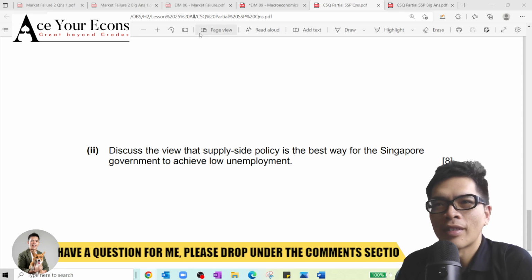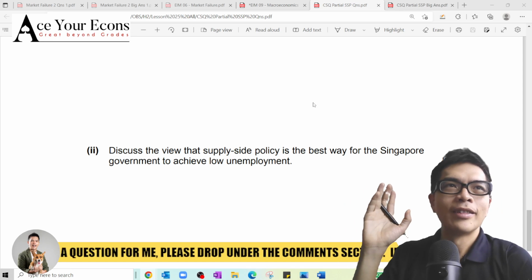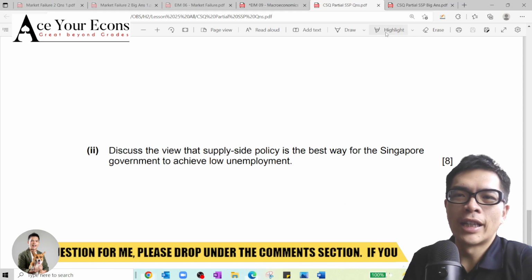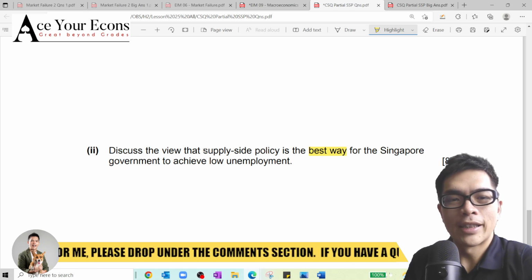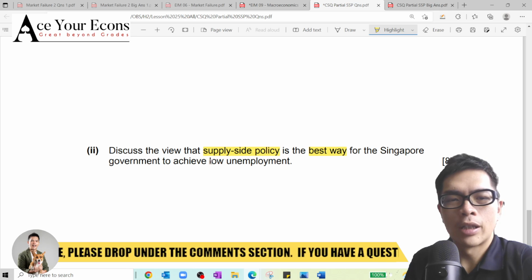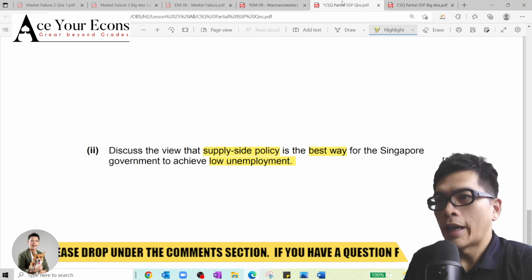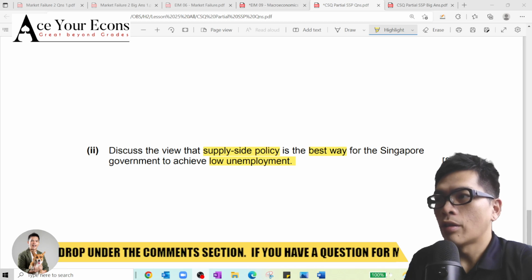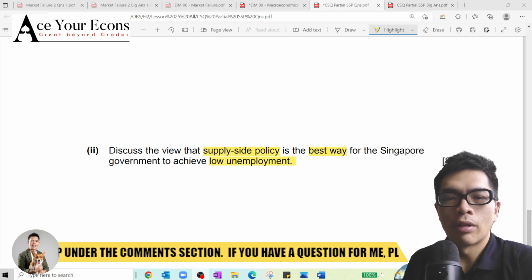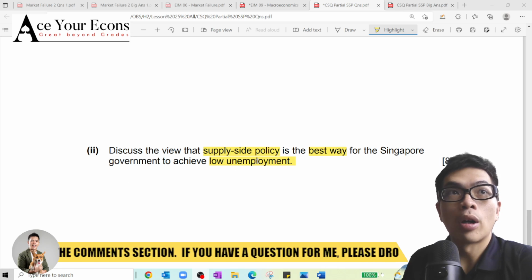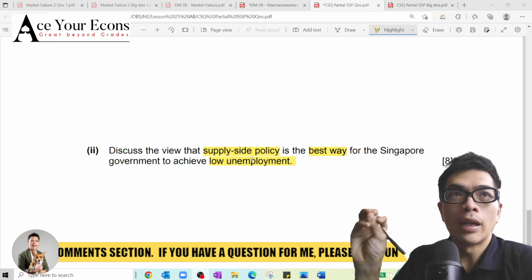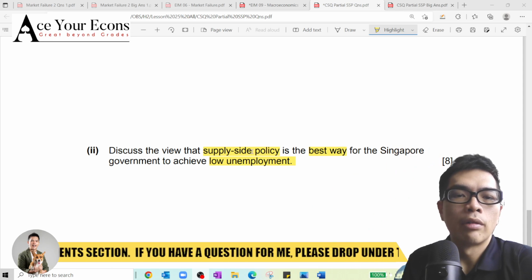So the approach for this question, you realize that the question tells you this is the best way. Supply side policy, best way, low unemployment. I have covered this before earlier on. Whichever policy you want to propose, you have to scrutinize the problem. So what are the main problems that are present?